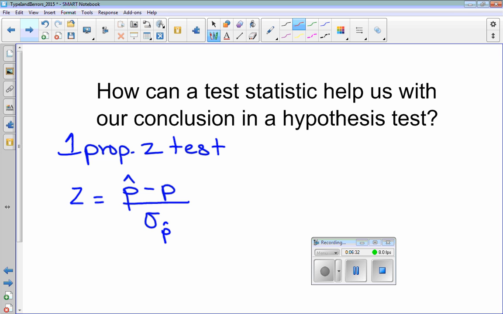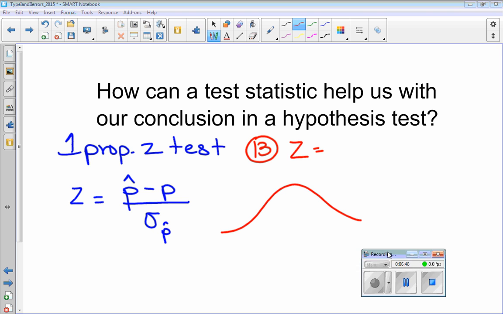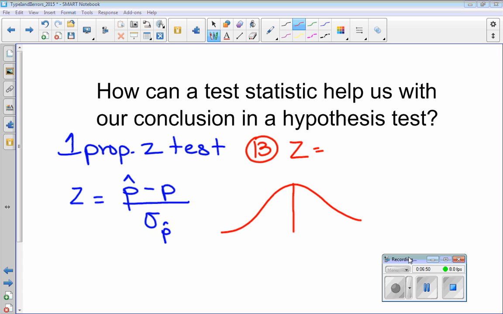In problem number 13, what z-score did we have? Let me just draw it first. What was the claim again? 0.34. Our sample was 0.33.